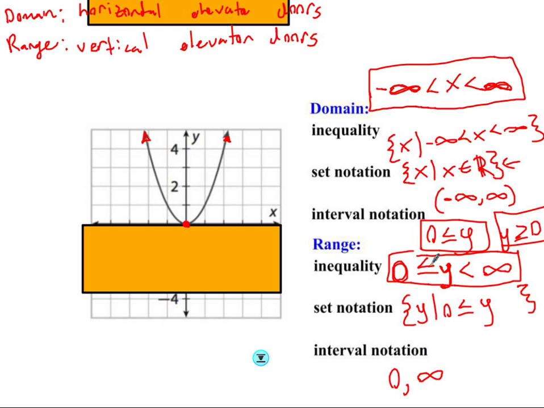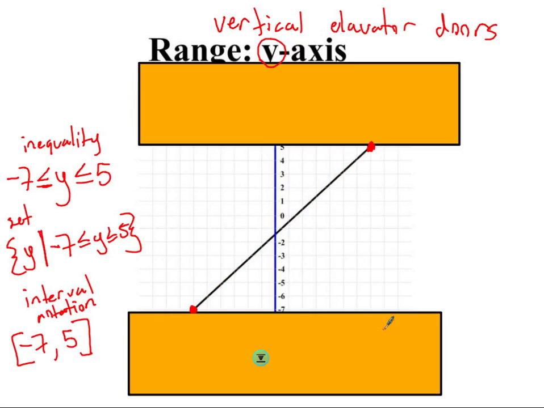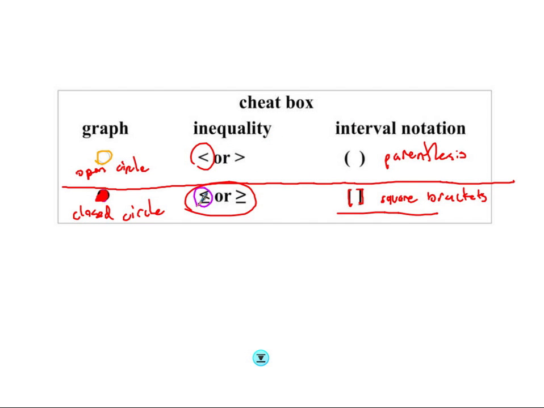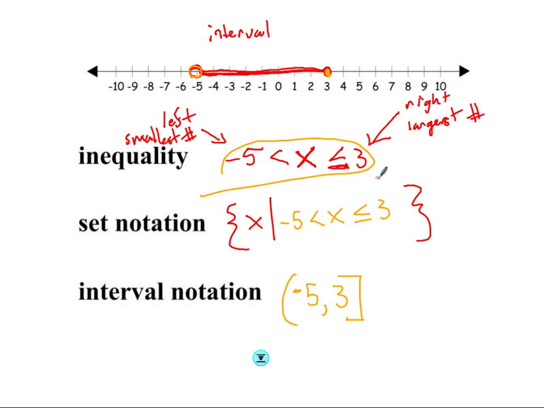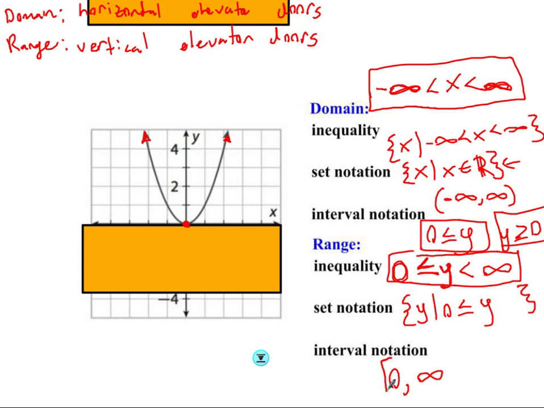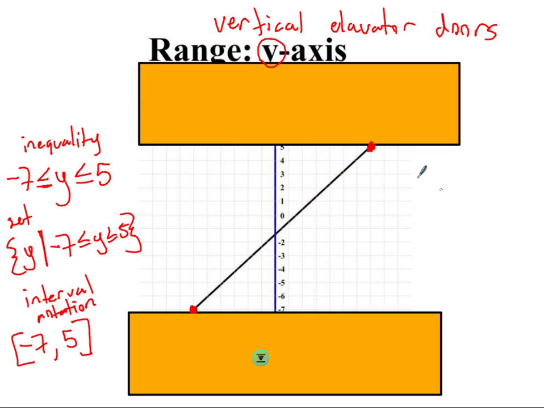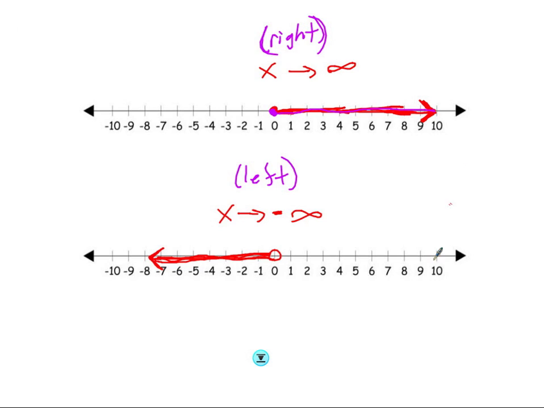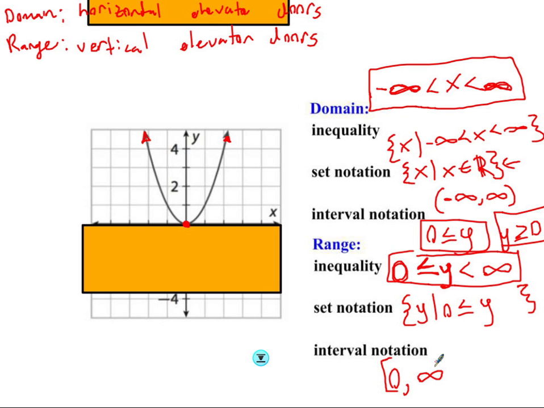Now, because we have the less than or equal to next to the 0, remember looking back at our chart, that means that we're going to use a square bracket by the 0. And remember, the rule for infinity: always use less than or greater than and parentheses. So for infinity, we have parentheses right there.